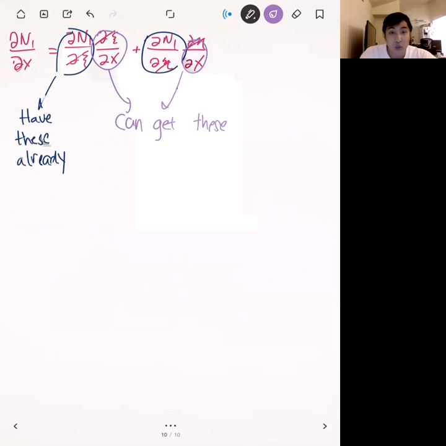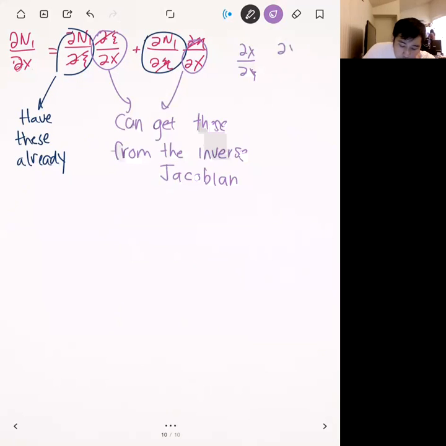The way that we obtain these is from the inverse of the Jacobian, because remember, our Jacobian was filled with terms that look like this: partial x partial xi, partial y partial xi, partial x partial eta, partial y partial eta.